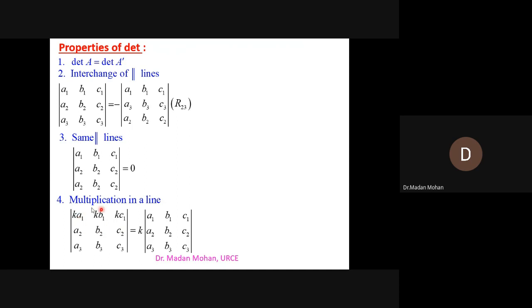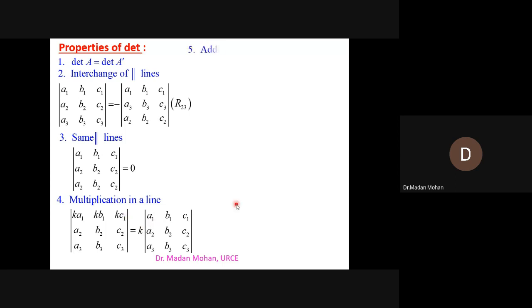When you expand the left side, ka1 into b2c3 minus b3c2, next minus kb1 into, next plus kc1 into. Write that k outside. Therefore, you can write k outside the determinant. From any line, row or column, you can take common.